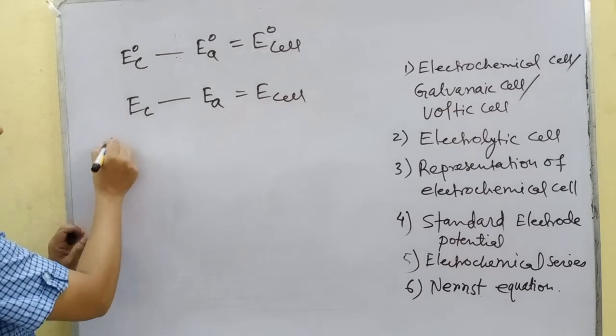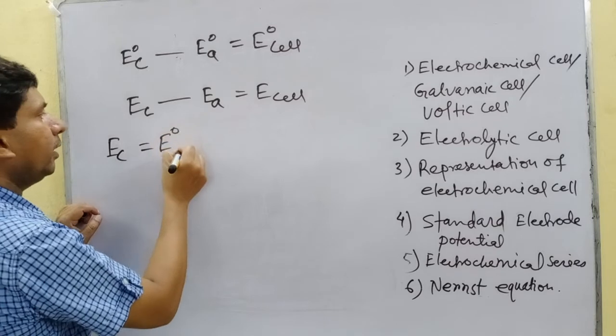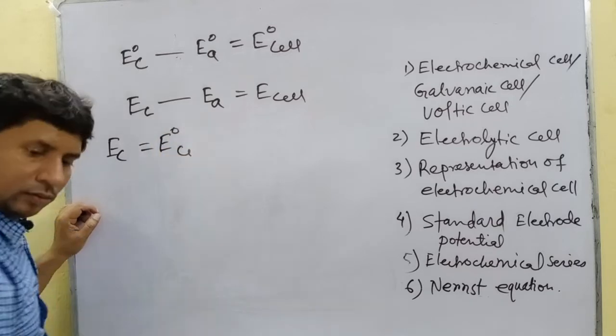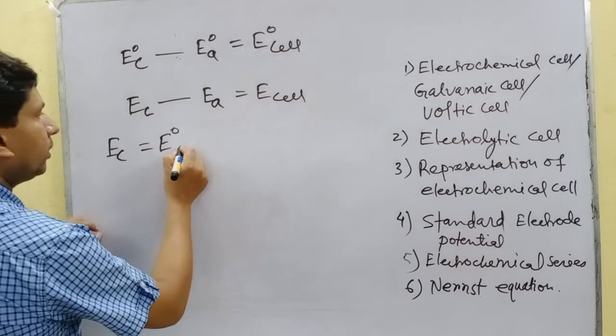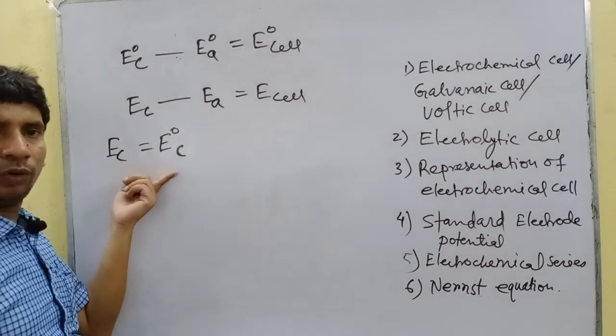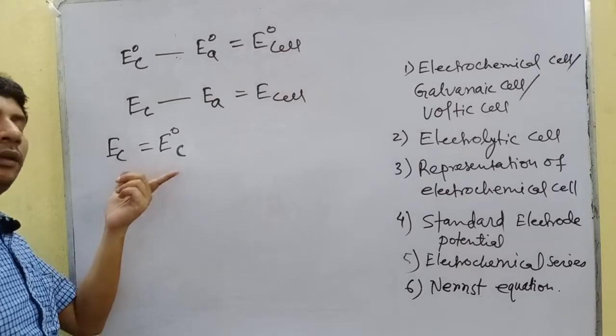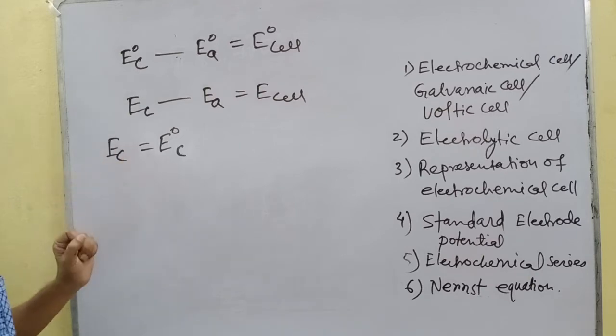Now E cell equal to E0 cell, or what happens is E cathode may be equal to E0 cathode if it is in standard condition. If it is in standard condition, then E cathode equal to E0 cathode.